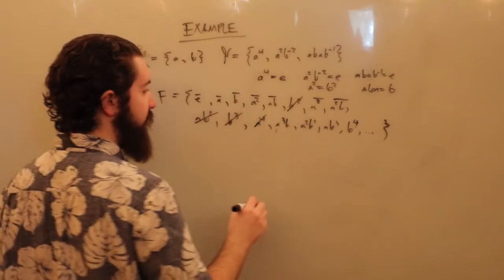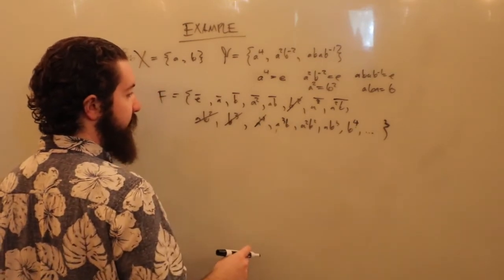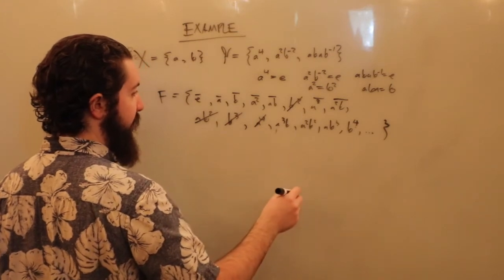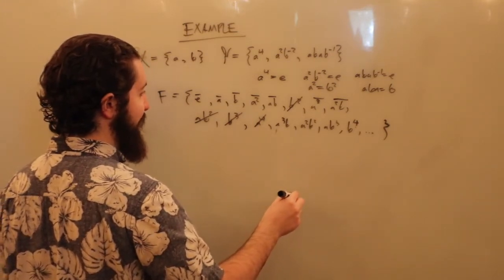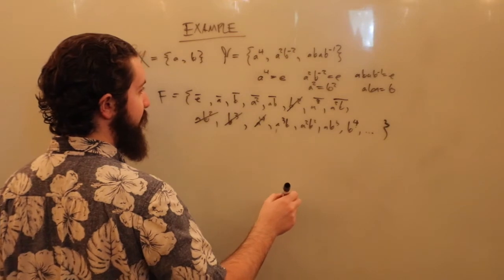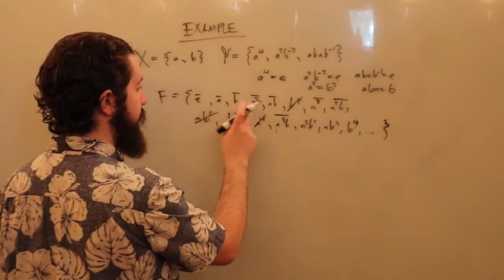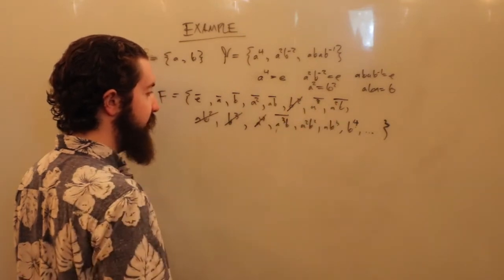And then we have, what do we have left? We have A cubed B. I think that's its own equivalence class. Kind of cheating.